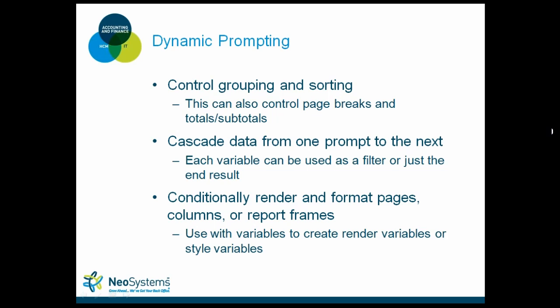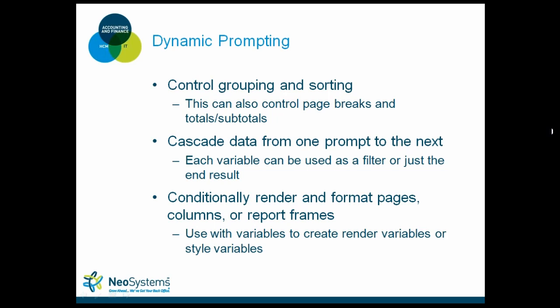And the more you work with dynamic prompts, the more you can put this control. The person runs just one report, and they decide, okay, how do I want the report ordered? What kind of groupings? What is going to be the basis for subtotals? Or just how do I want the data sorted in the report? So the control of grouping and sorting is a really important possibility.